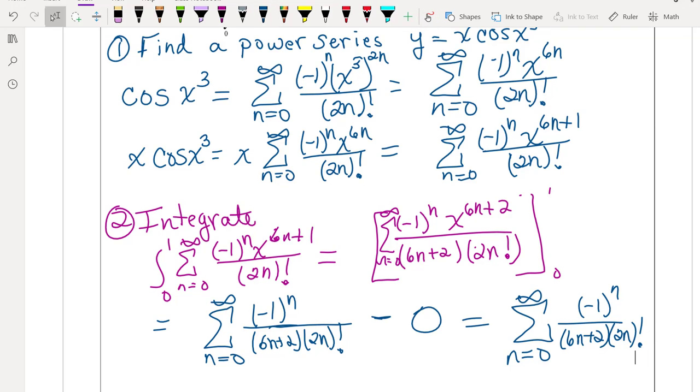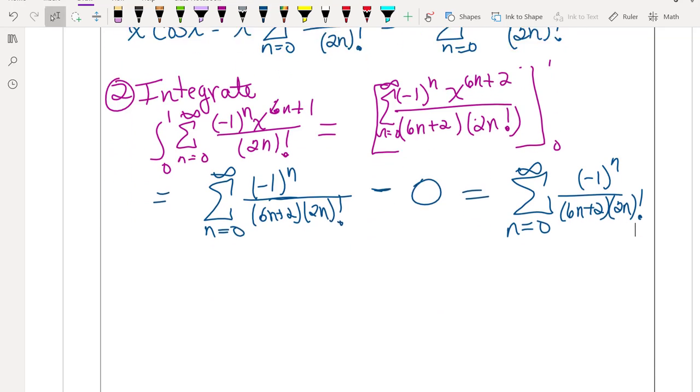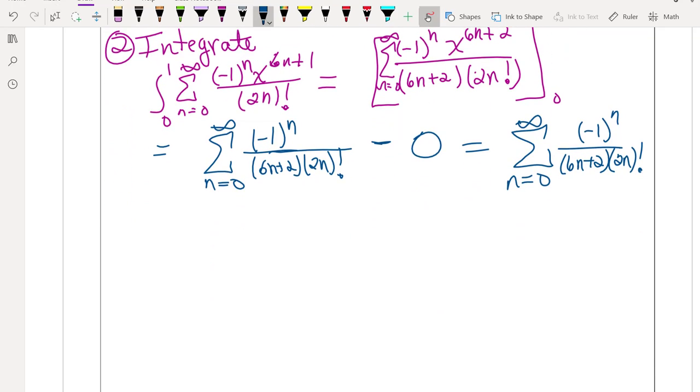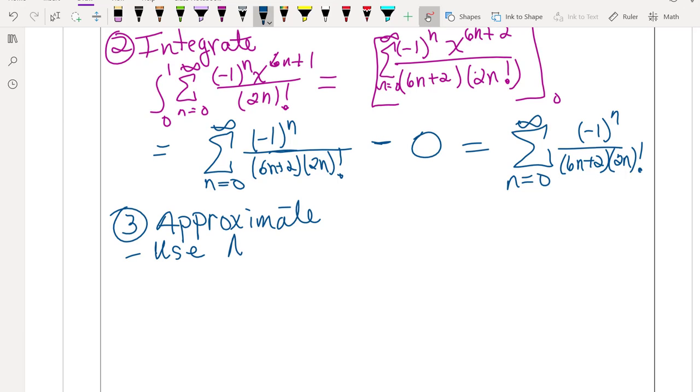Okay, so now we were also to approximate it. So that's going to be part 3, is we're going to approximate. So we're going to use our alternating series estimation theorem.